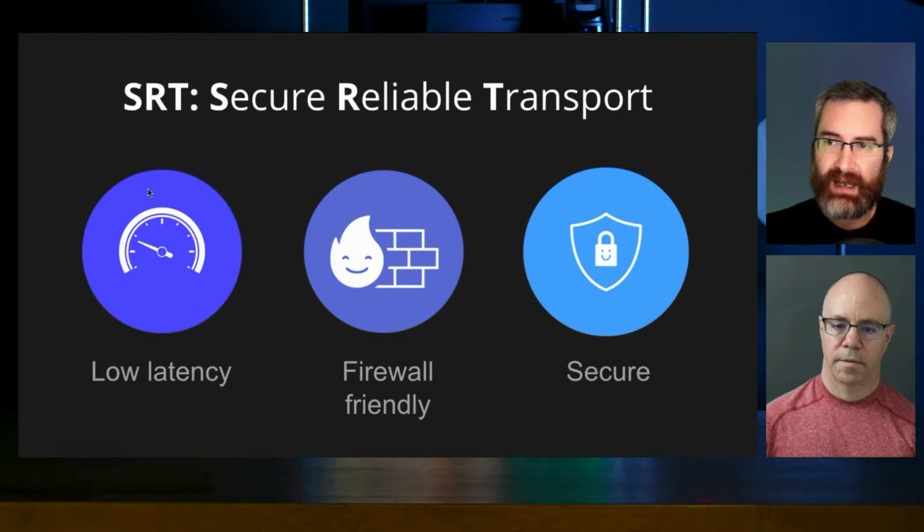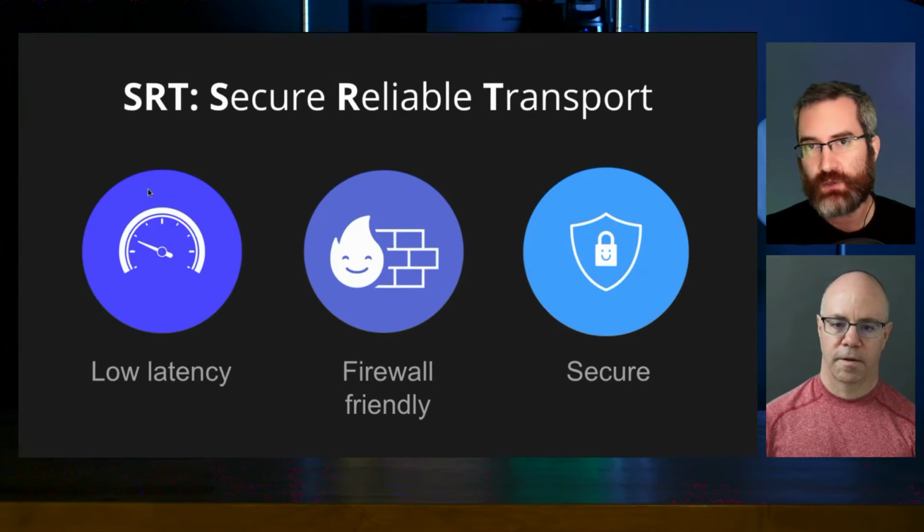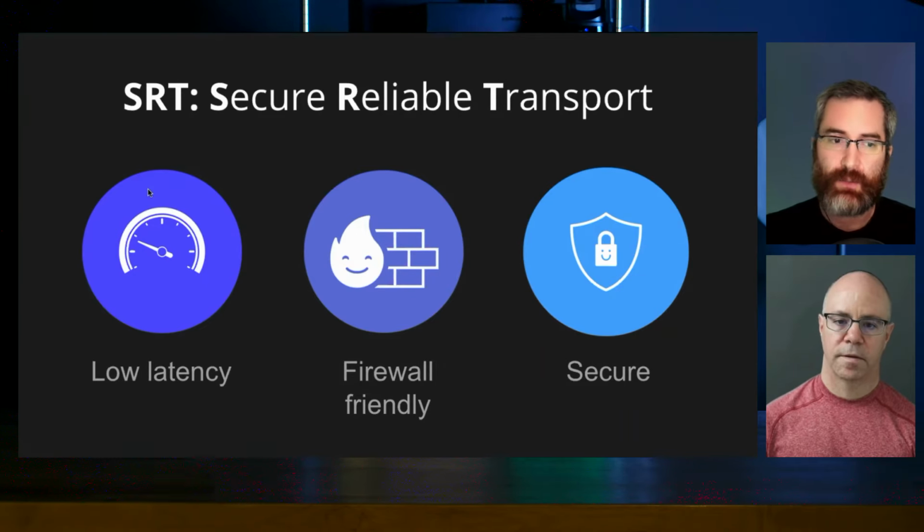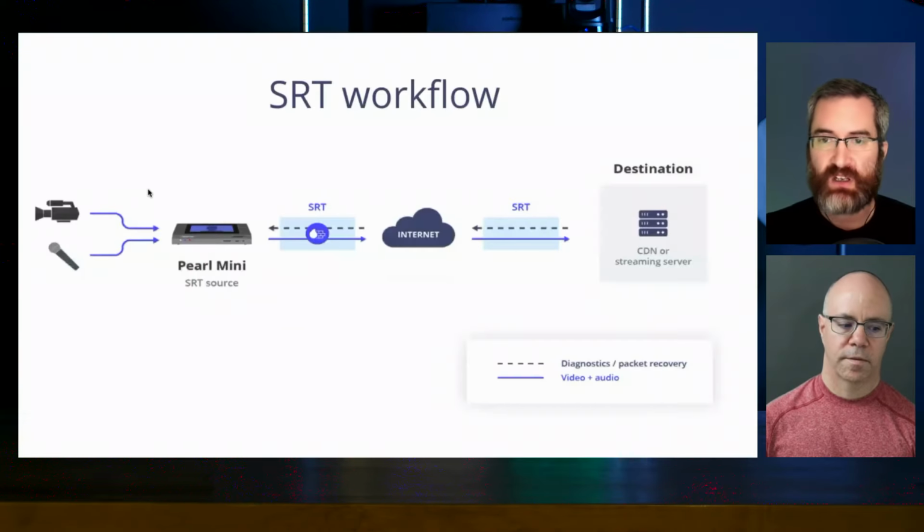And ultimately, it's also secure. It's right there in the name: secure, reliable transport, SRT. And that's critical. It is also open source, like Dash, and there's a huge growing ecosystem community of companies that are involved, including Epiphan, that are part of what's known as the SRT Alliance, all participating in this. And it's really exciting to be part of that.